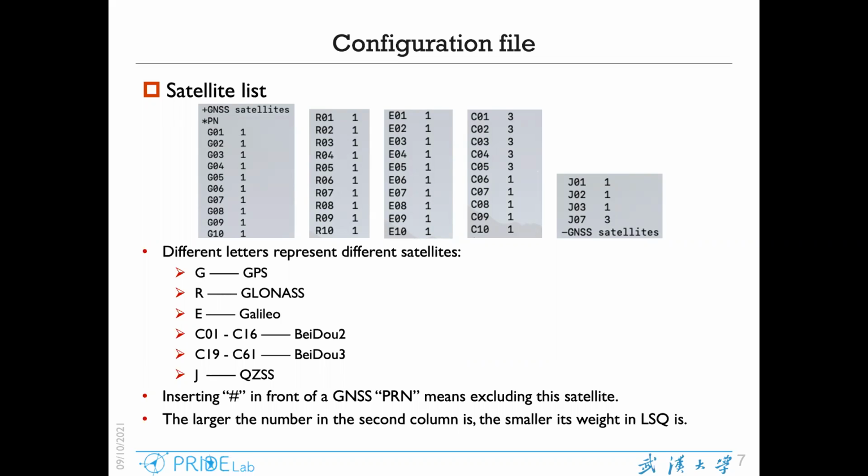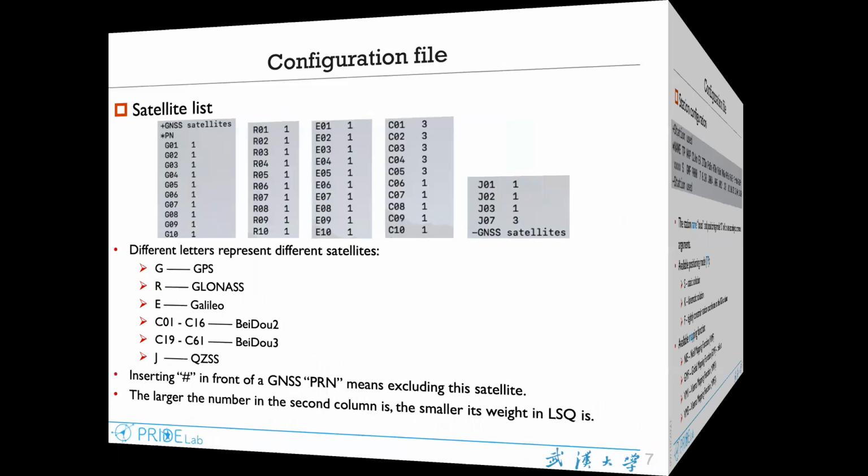That is the square of 3, 9 times. So in this case, you can avoid some risks brought by some bad satellites. This can frequently happen for satellites that are in maneuver by the ground control center. They have signals, but their signal quality is bad. So you can downweight their observations in your processing.